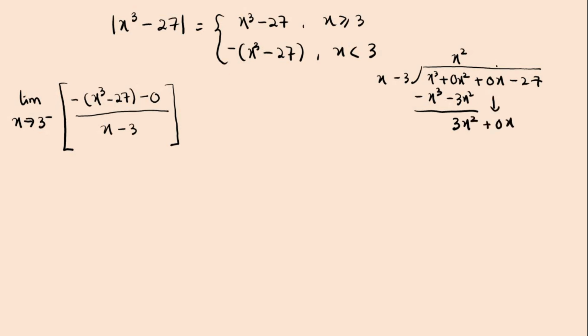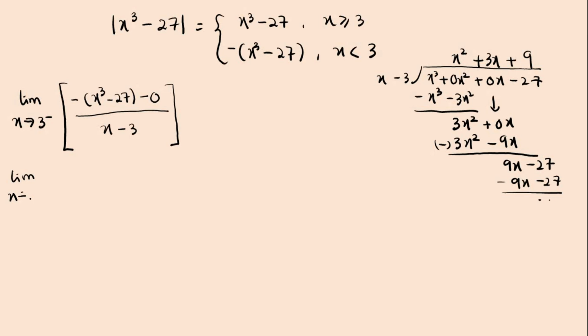Now for the second value, we can multiply with 3x. So we get 3x squared minus 9x. Once you subtract this out, you get 9x minus 27. And for our last part, we can multiply with 9. So you get 9x minus 27. So you don't have any remainder, which means that you successfully factorized the equation.